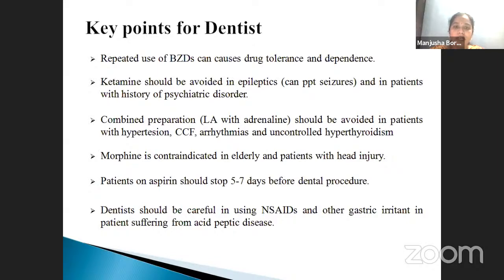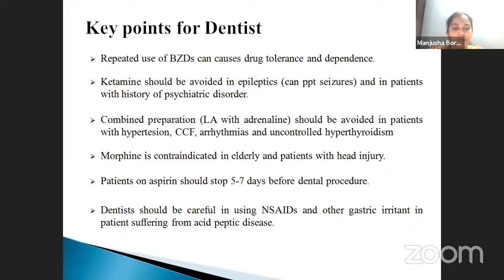Morphine is contraindicated in the elderly and in patients with head injury, because they are more prone to respiratory depression, and in head injury the mental clouding effect of morphine may disturb the assessment of the progress of the head injury.